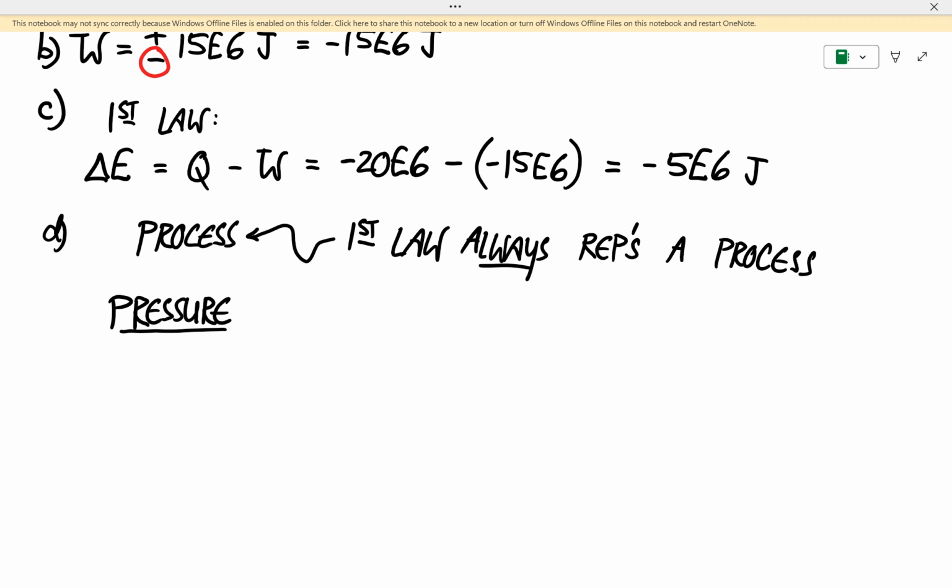You don't usually talk about the pressure inside a solid object, but mainly we're going to talk about these in fluids. And by fluids, I'm talking about liquids and gases.